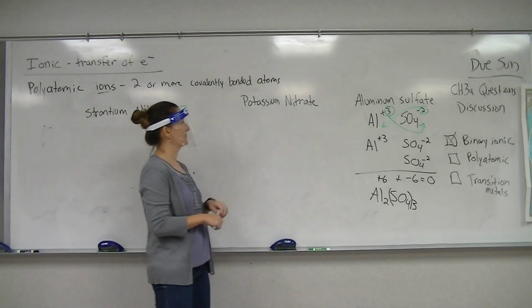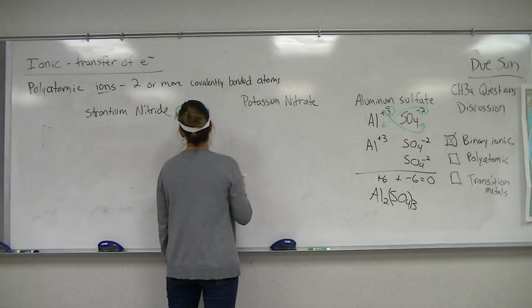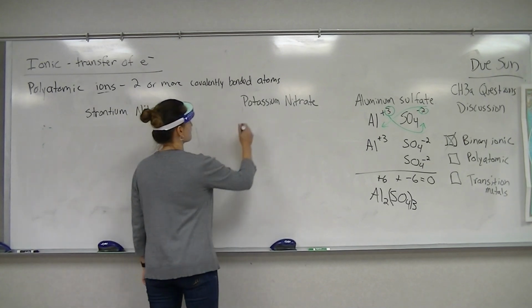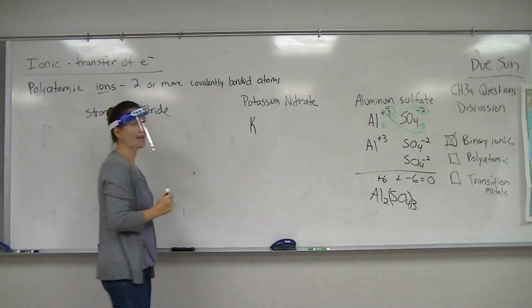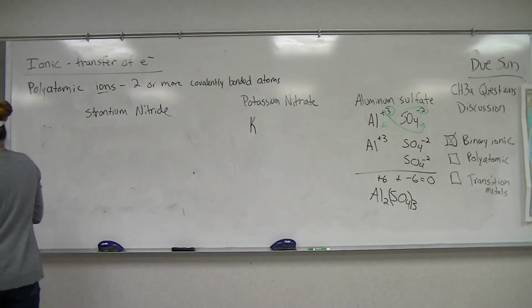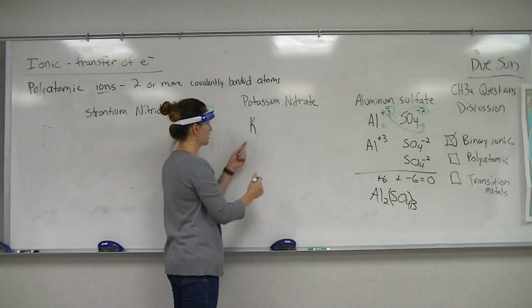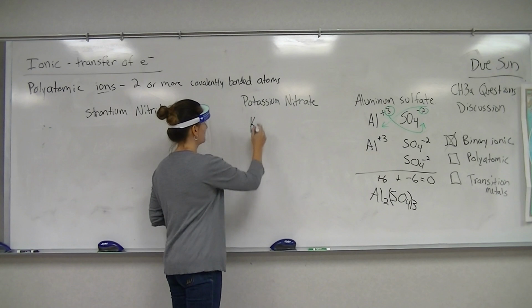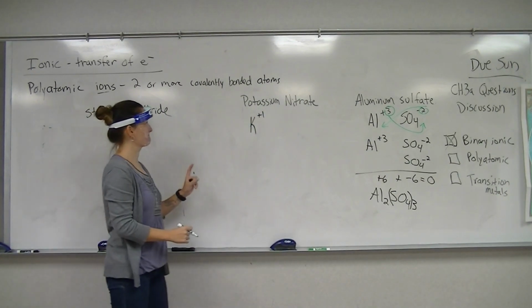All right, should we try potassium nitrate? For potassium, we need the symbol, the alkali metal. It's actually K, so that's why it's kind of hard to find that one. It's number 19, the atomic number. What's its charge going to be since it's an alkali metal? Plus one. Everyone in group 1 has a +1 charge all the time.